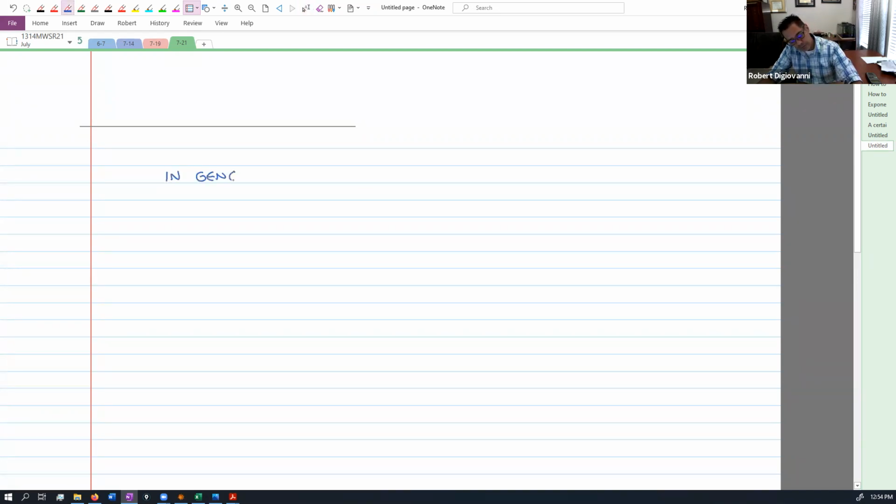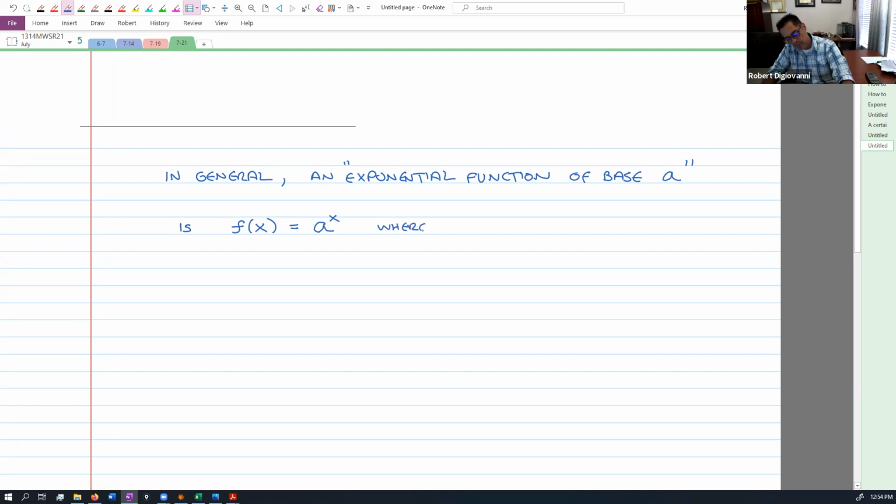In general, an exponential function of base a is f of x equals a raised to the x, where a is a positive number and a is not equal to 1.